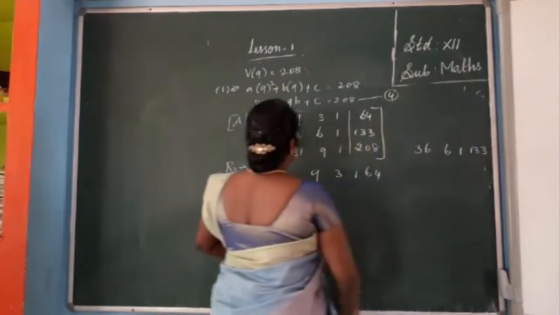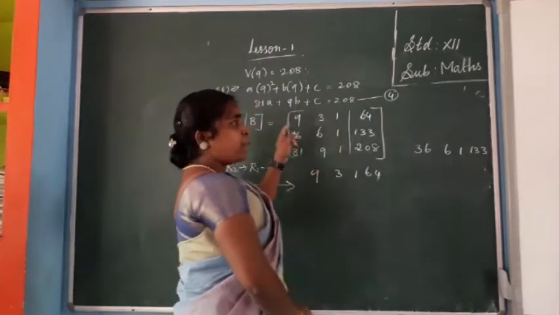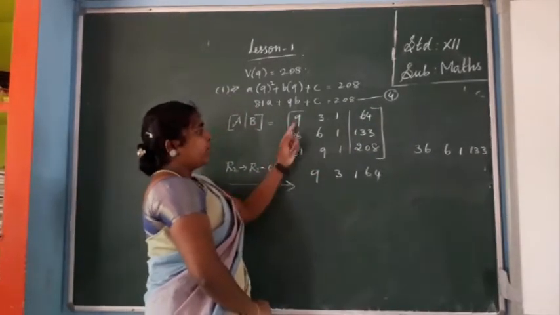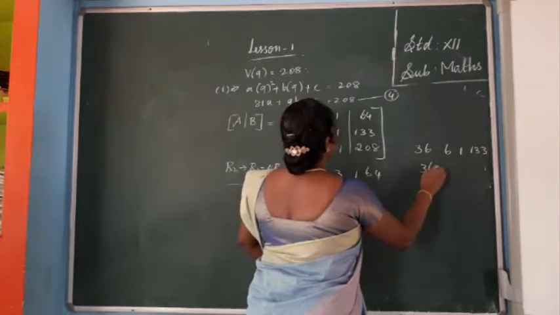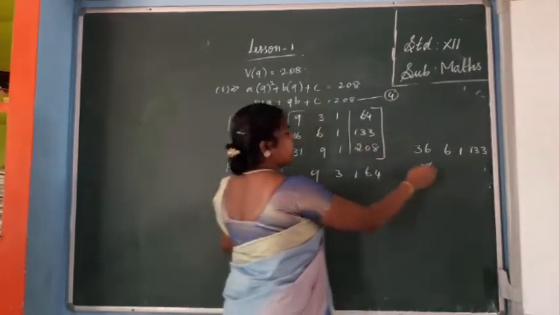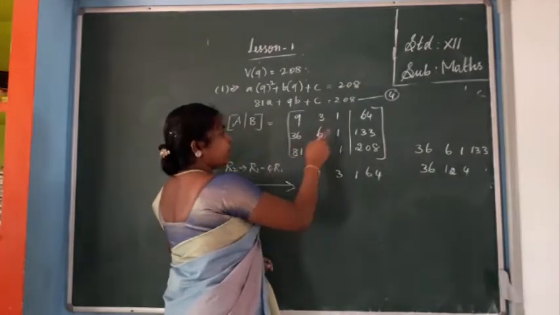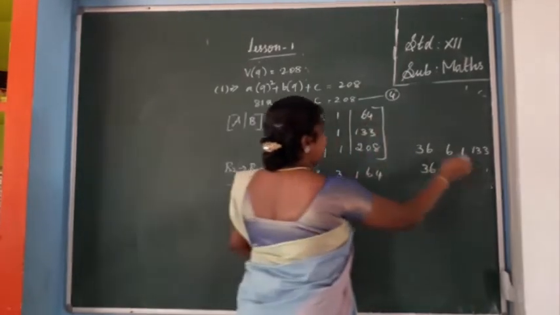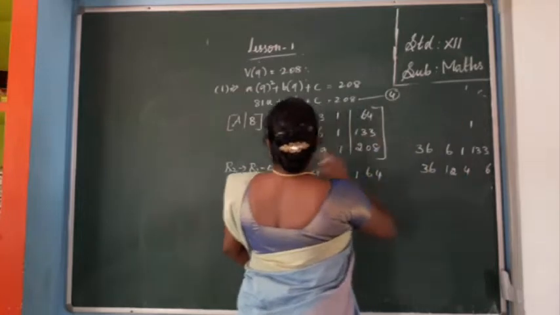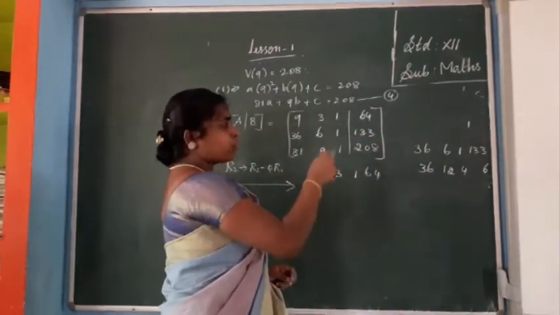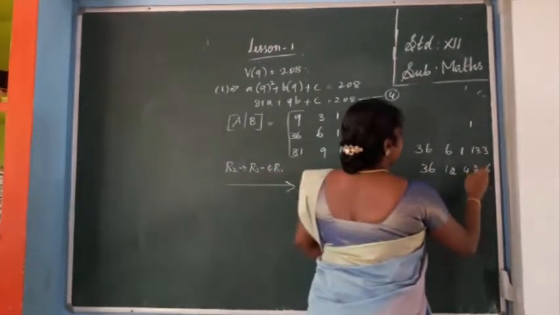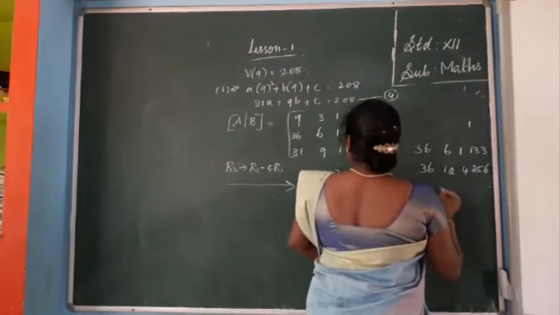How to multiply R1 by 4? 9 4s are 36. Next, 4 3s are 12. 4 1 is 4. Next, 4 into 64: 4 4s are 16, remaining 1, 4 6s are 24, 24 plus 1 is 25.